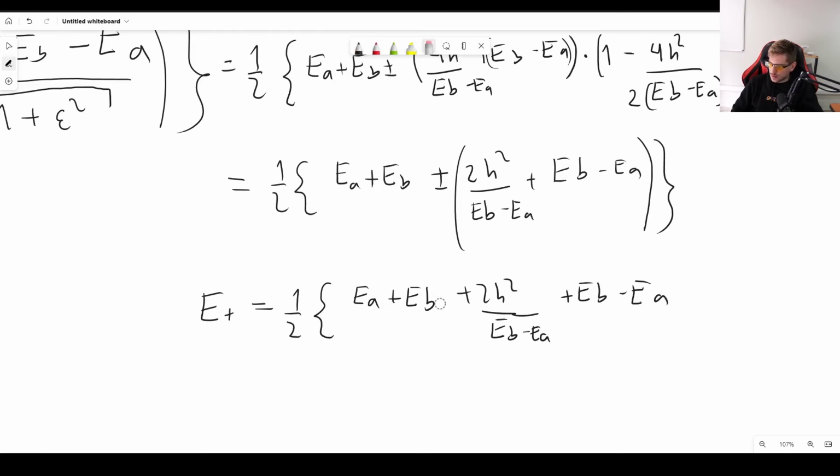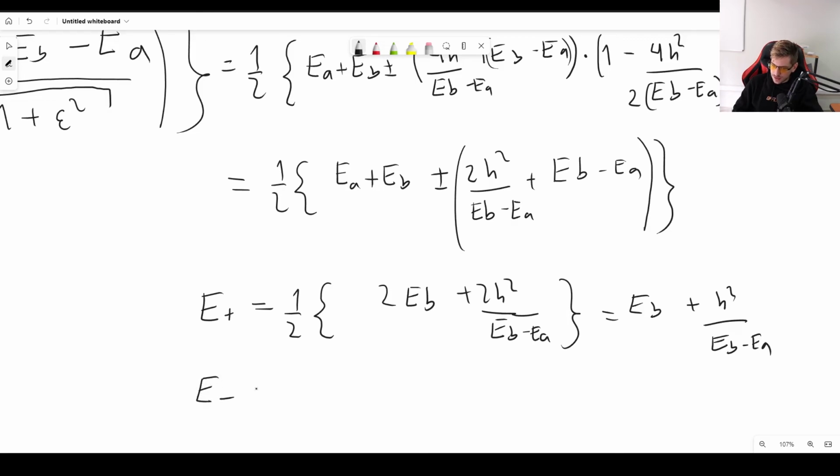So the EAs cancel out, and we get 2 EB. And we can now multiply by 1/2. So the first result is EB plus h squared divided by EB minus EA.